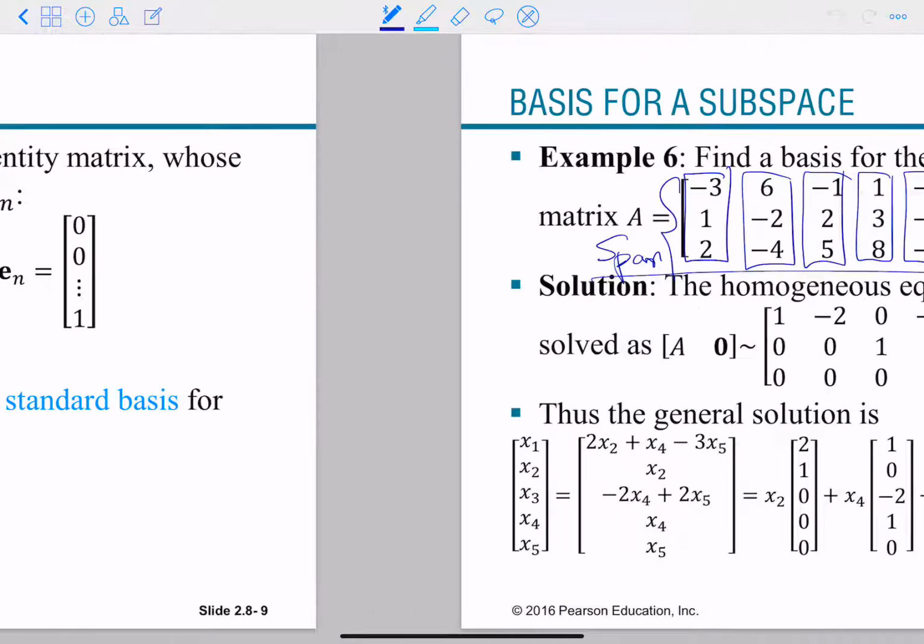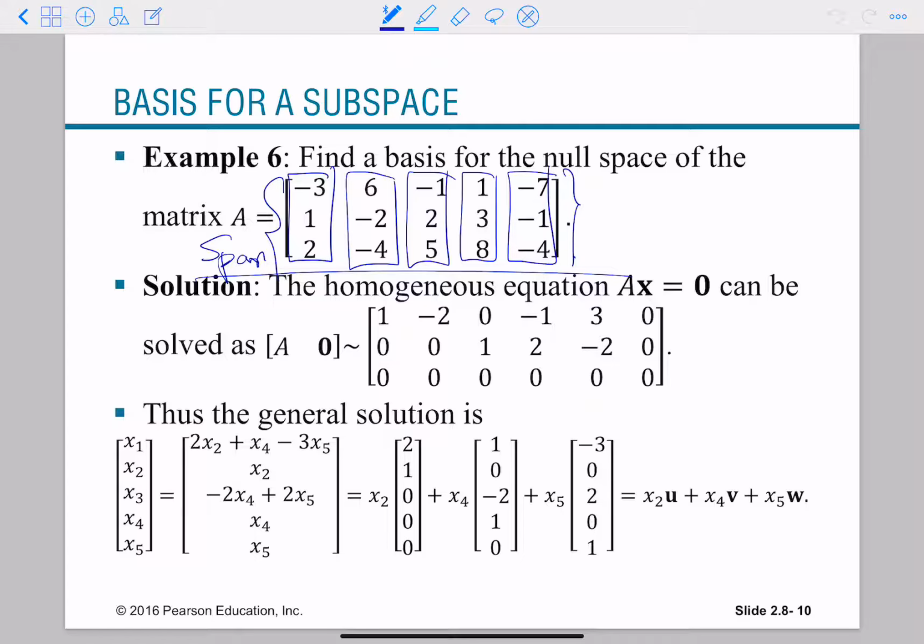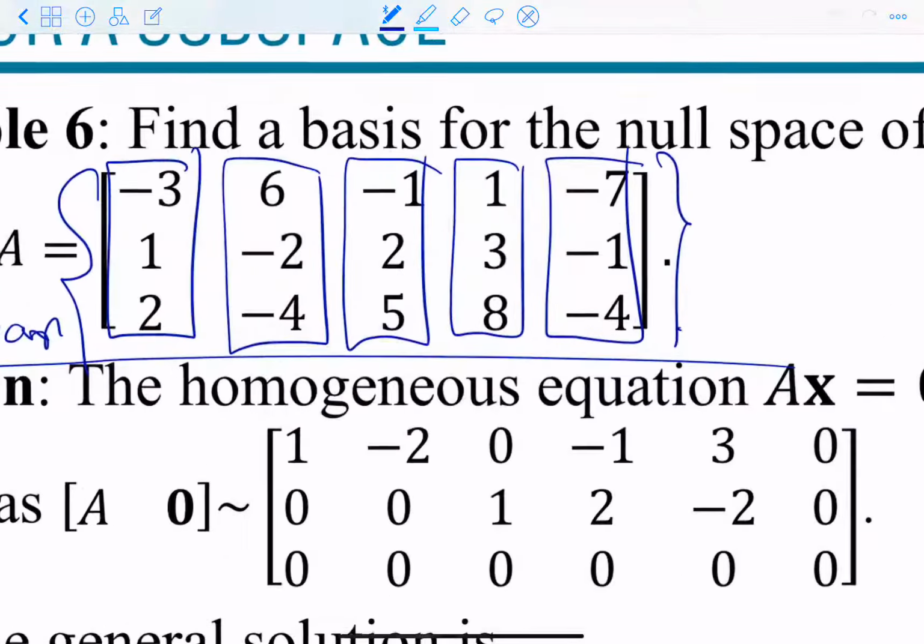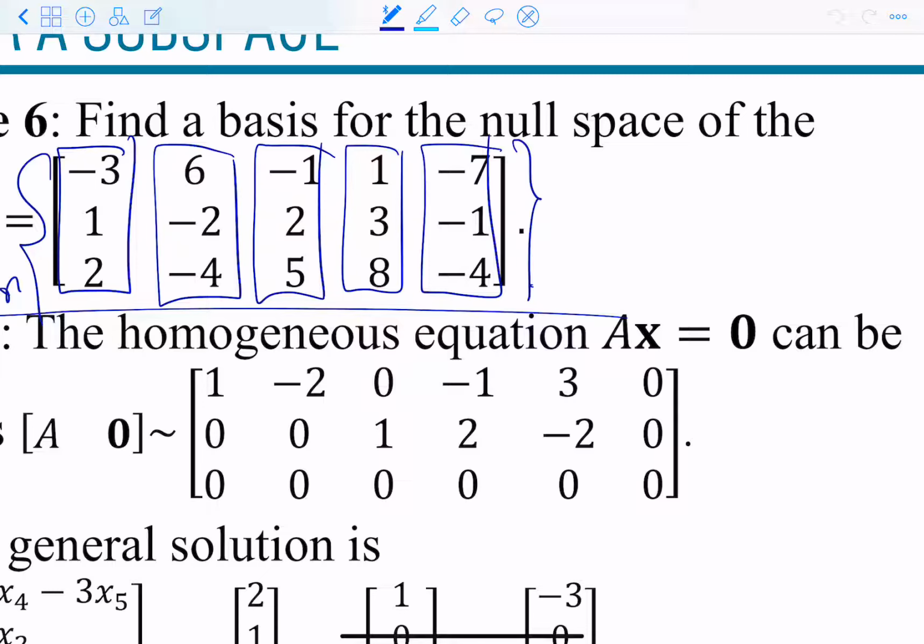Here let's first consider the vector dimension. What high dimensional space is this subspace included in? This is our matrix, right? And what is the dimension of our null space solution, the homogeneous linear system solution?